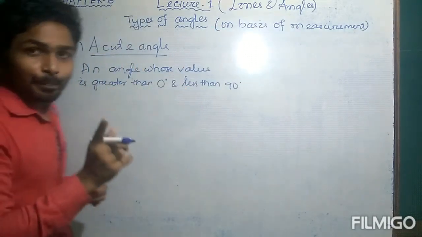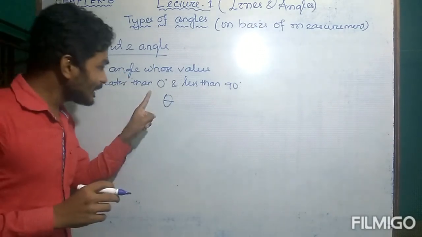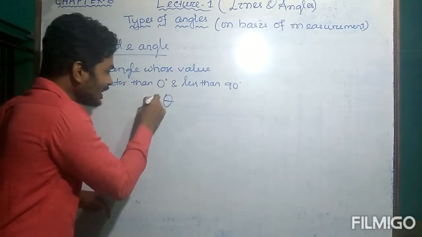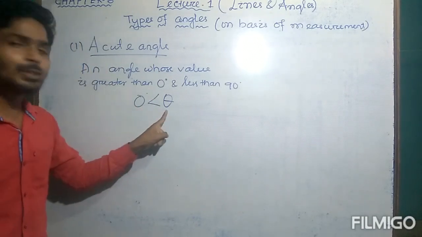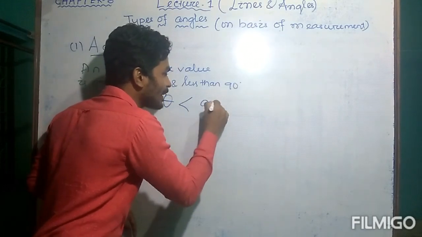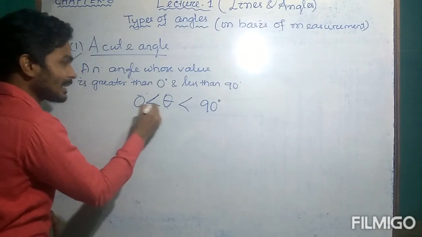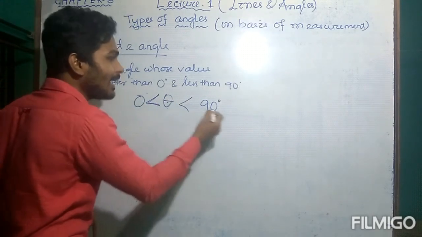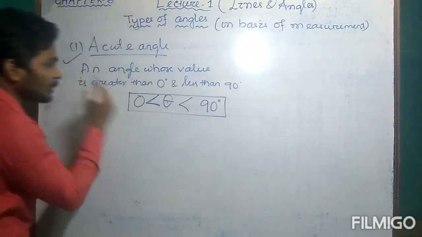As you know, an angle can be represented by theta. So theta is always greater than 0 degree, but it is less than 90 degree. So for acute angle, you can write theta is greater than 0 degree and theta is less than 90 degree. Understood? This is an acute angle.